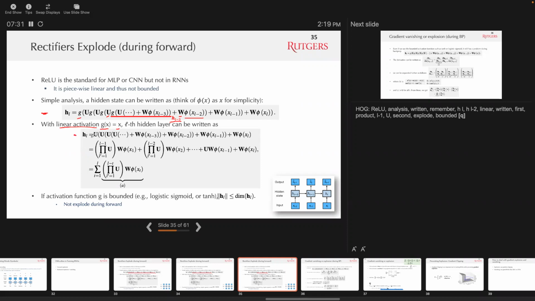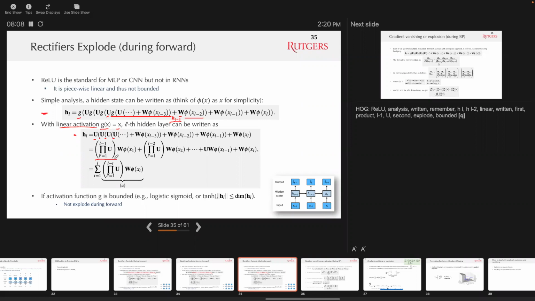It's basically very similar. You just remove all the functions G, and you can gradually see the pattern. You can combine different terms, and you see all these U's here. It's actually going to be equivalent to a sum of L terms. The first of these L terms is going to be a product: you take the product of a lot of U's.